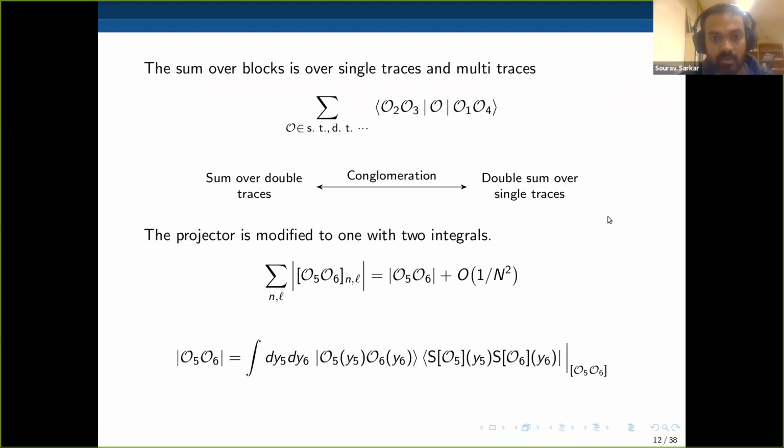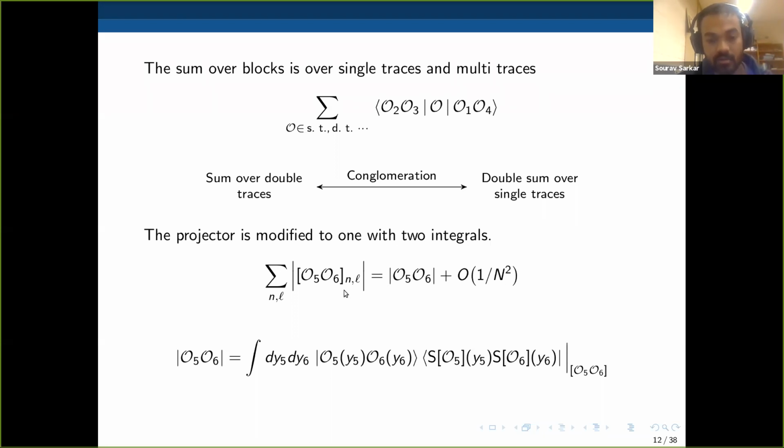When we are doing the sum over the overall block, we include both single traces and multi traces. Right now I'm just trying to motivate the gluing formula, or the optical theorem. The idea is that we use conglomeration to replace the sum over double trace operators with a double sum over single trace operators.